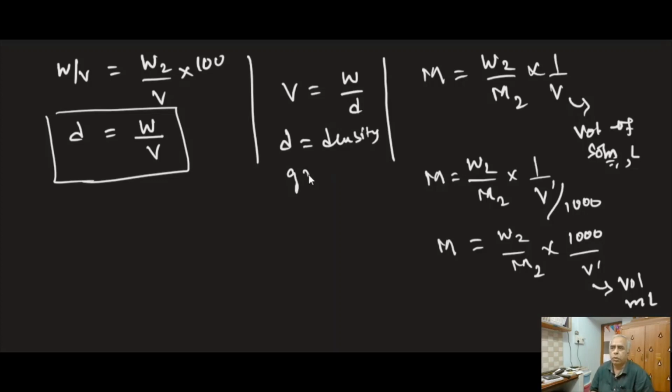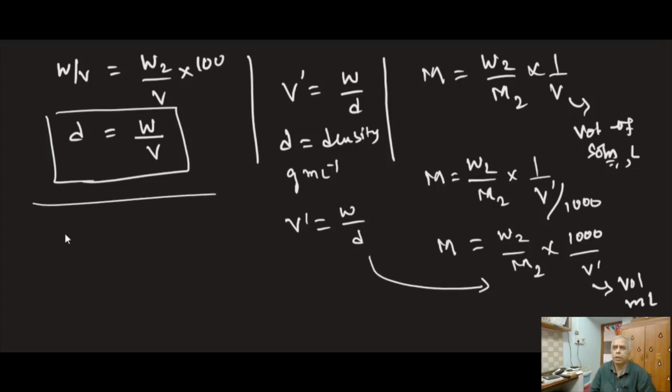So D is equal to density, that is always given in gram per ml. So instead of putting V, we can maintain V dash for ml.